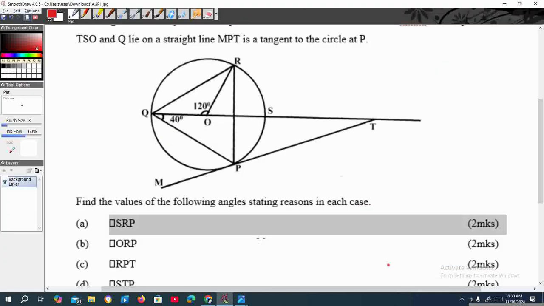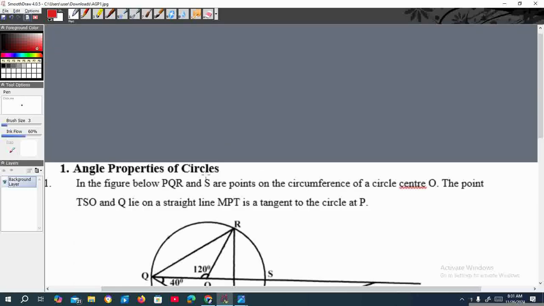Hello, welcome. Let's look at this question. It's a question on angle properties of a circle. It's a question I had given as an assignment in a class I'm hosting on Google Classroom.